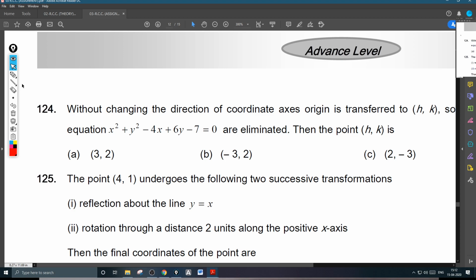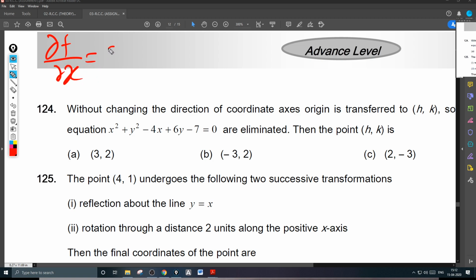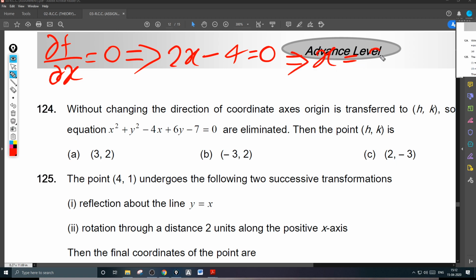For this, we are writing dou f by dou x equal to 0, which implies x square derivative 2x, y square derivative 0, because we are differentiating with respect to x, please. And minus 4x derivative minus 4, 6y 0, constant 0. So dou f by dou x equal to 0 implies that x is equal to 4 by 2.